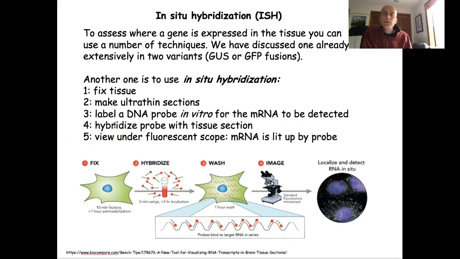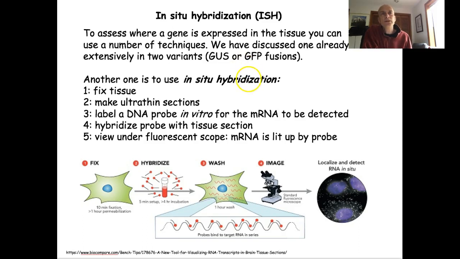And we discussed it before with respect to a way you can measure the expression level of a certain gene. So to assess where a gene is expressed in the tissue, you can use techniques such as the fusion proteins that we've discussed before, the reporter proteins.